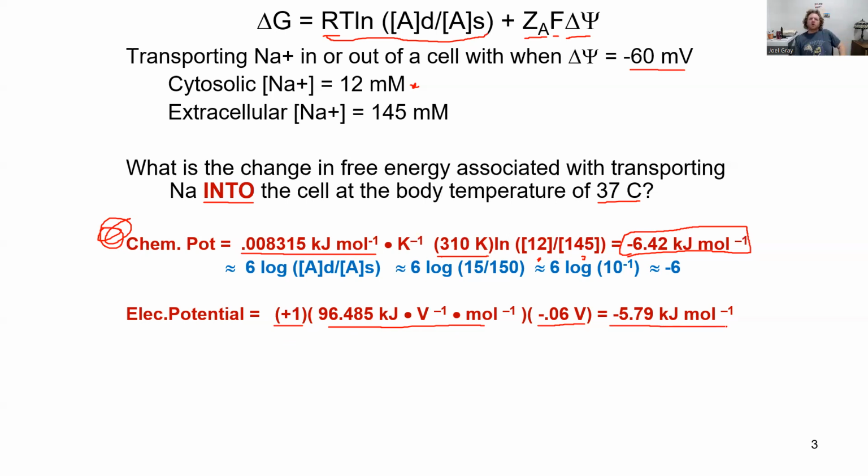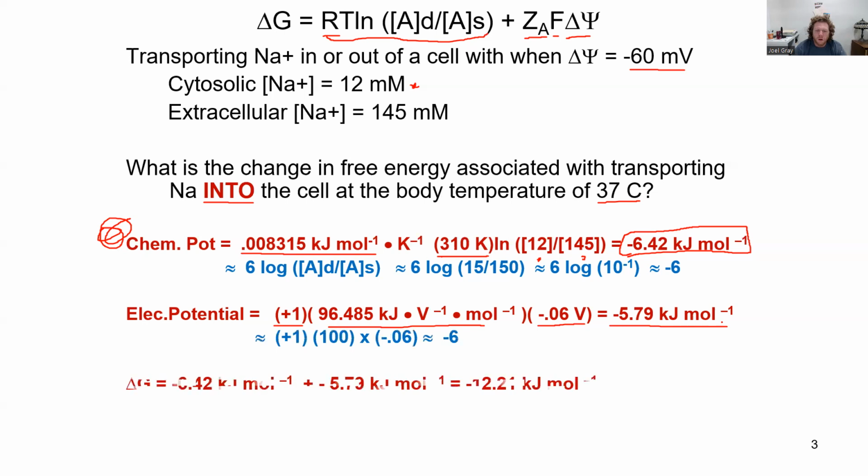So essentially, it's favorable to move the sodium ions from the outside in from a chemical perspective because of our difference in concentrations. It's also favorable from an electrical standpoint because we're moving that one ion and we have a membrane potential that is negative 0.06.